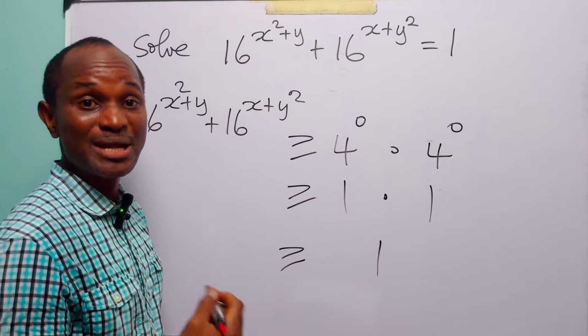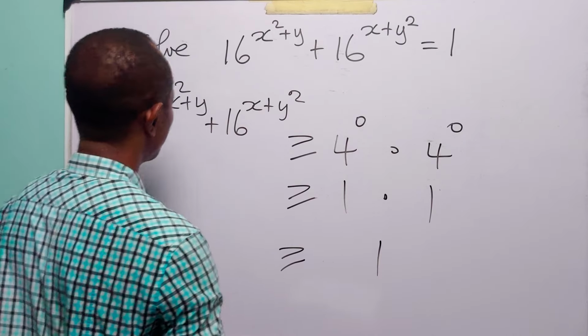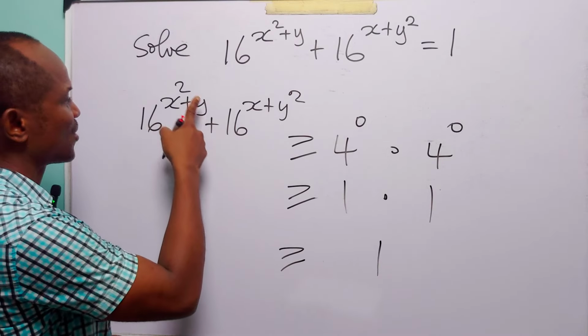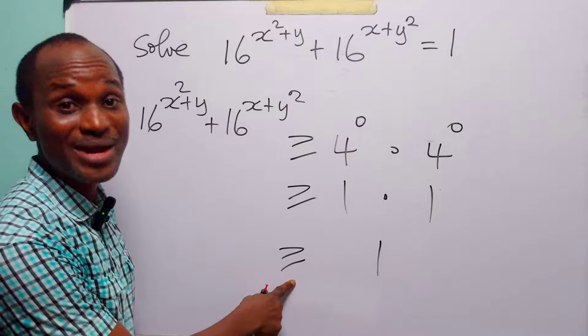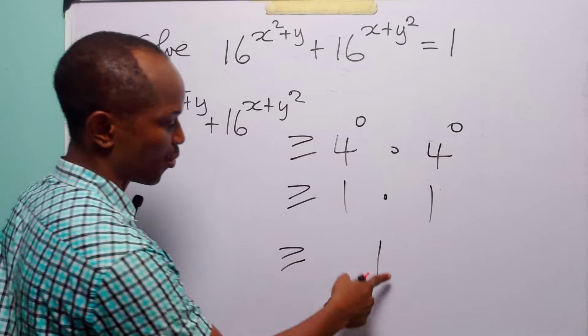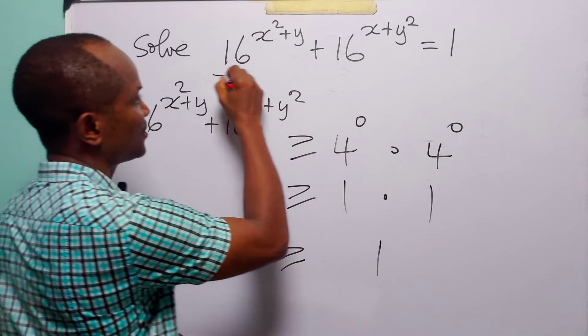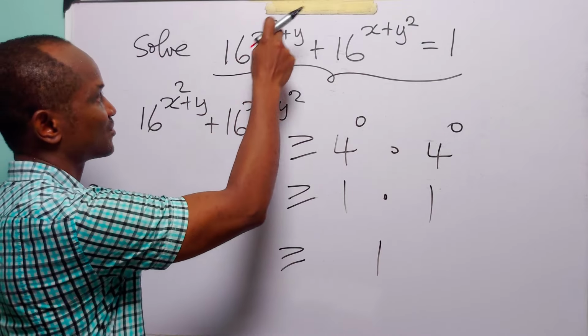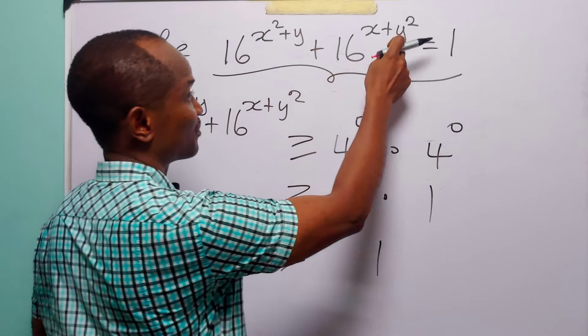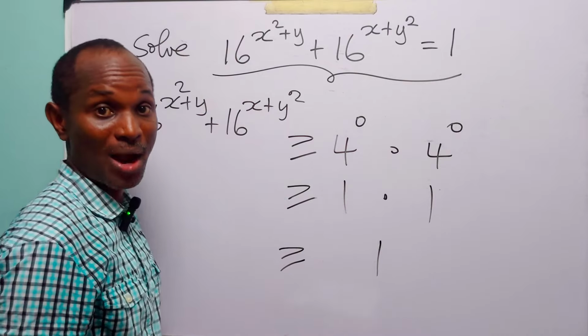So from our AM-GM inequality, we have that 16 to the power x squared plus y plus 16 to the power x plus y squared must be greater than or equal to 1. Now, look at this equation. We are told that 16 to the power x squared plus y plus 16 to the power x plus y squared is equal to 1.